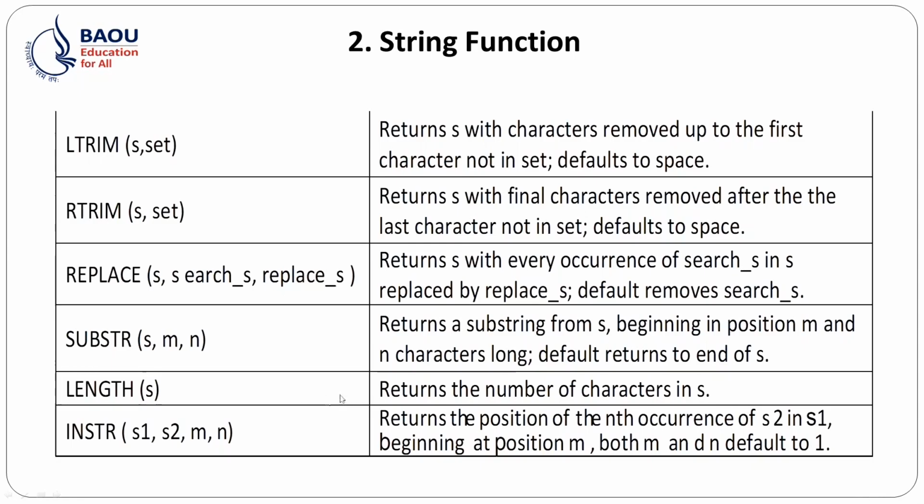Length gives the number of characters in the string, and instr returns the position of the nth occurrence of S2 in S1, beginning at the given position. It returns the position. See, all the functions are explained using examples.